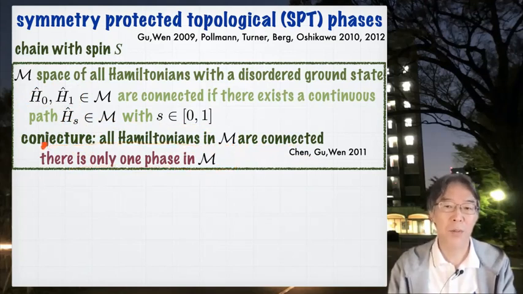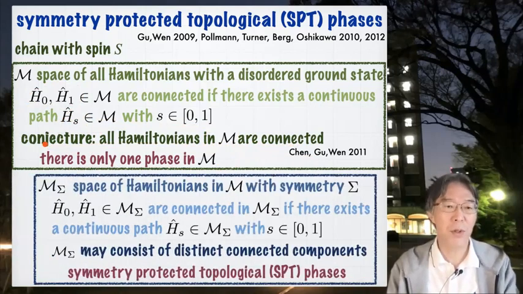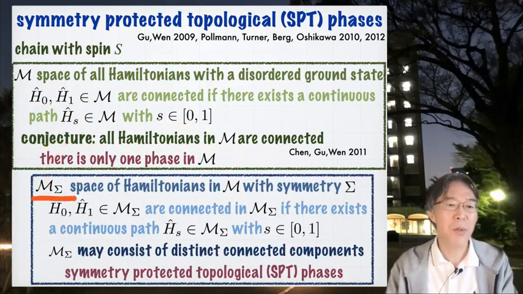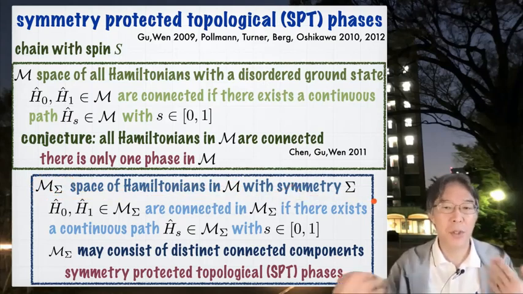That's kind of boring. But if we impose some symmetry, the story changes drastically. Let M_σ be the subspace of M consisting of Hamiltonians which have some symmetry σ, like time reversal symmetry or inversion symmetry.